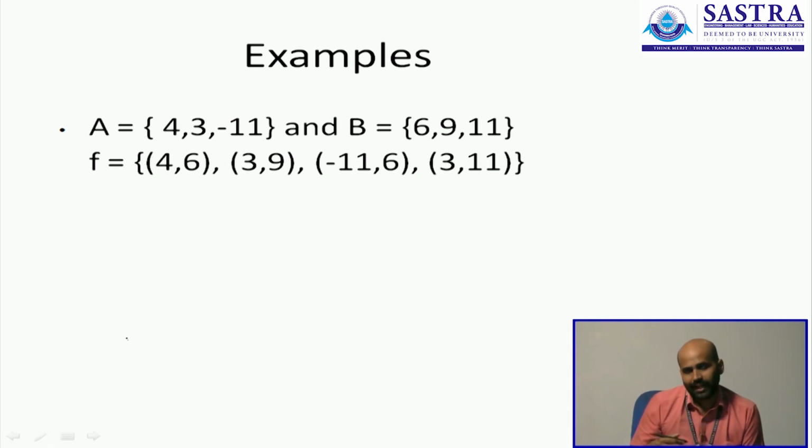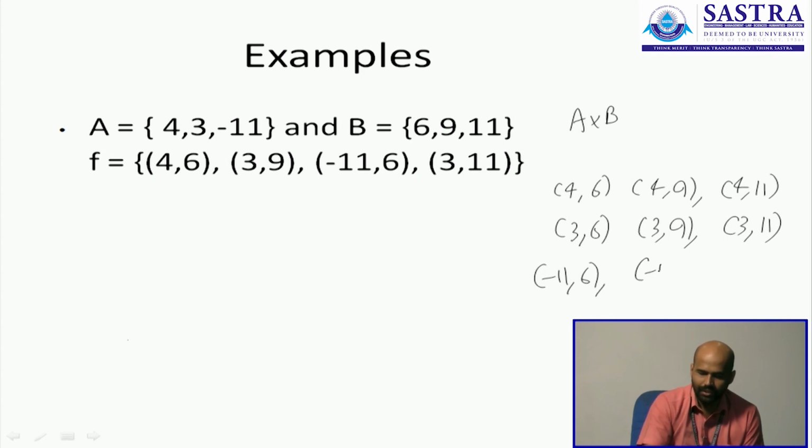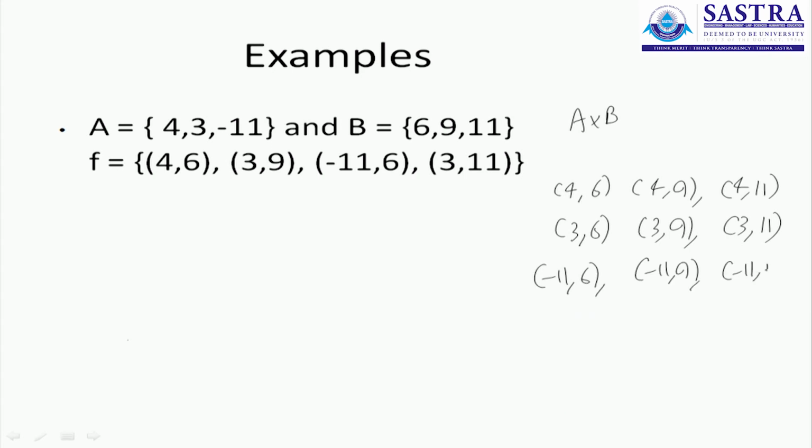Do these ordered pairs actually form a relation? It turns out that yes, they do, because to form a relation you just need it to be a subset of a larger set. And what is that larger set? The Cartesian product of A and B. The Cartesian product of A and B will have 4 6, 4 9, 4 11, 3 6, 3 9, 3 11, and minus 11 6, minus 11 9 and minus 11 11 included in it.